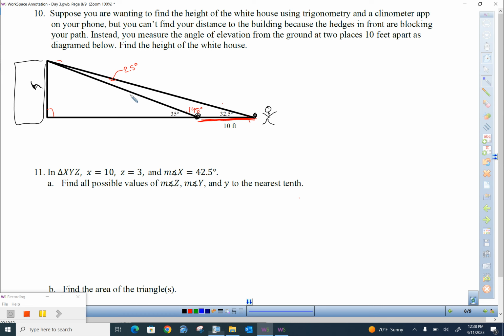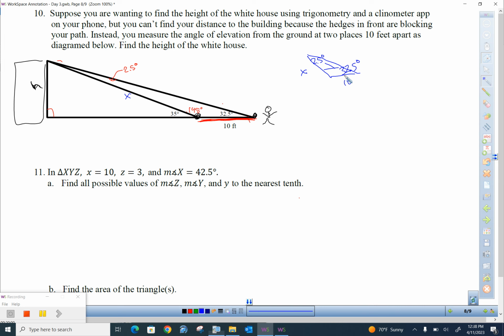So if I want to do that, I need to solve for this side using this obtuse triangle. I'm going to redraw it so you can see it more clearly here, but this is my x, this is my 10. Okay, this is my 2.5 degrees, and then I need across from this, which is your 32.5.